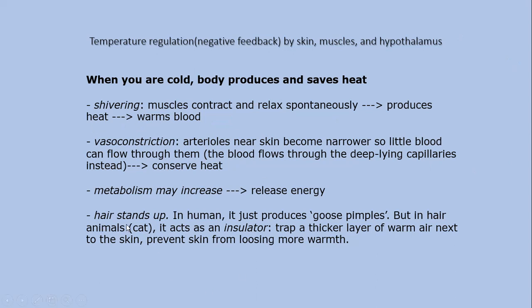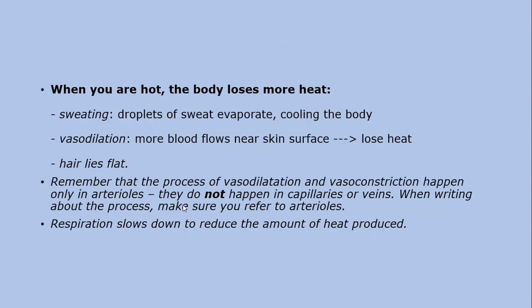As we said, hairs stand up. This happens in skin. So muscles shake or you have shivering, and you have the mechanism in the skin as we discussed before, and the metabolism may increase. The metabolism, because as we know, respiration produces heat in order to warm your blood. When it is hot already, we discussed it here.